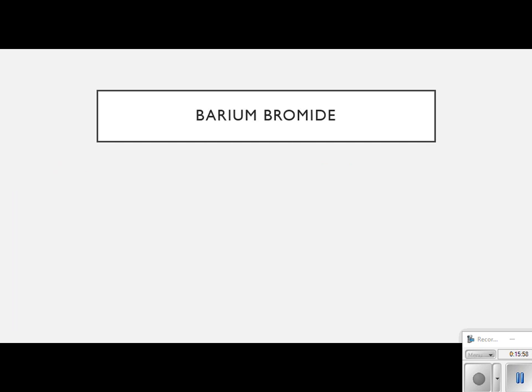Here is barium bromide. Carter, what are your thoughts on barium? Carter's saying that barium's going to be 2+. I'm going to agree with you. How did you get that?